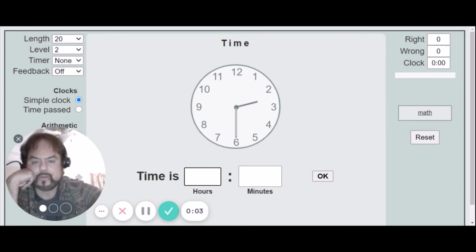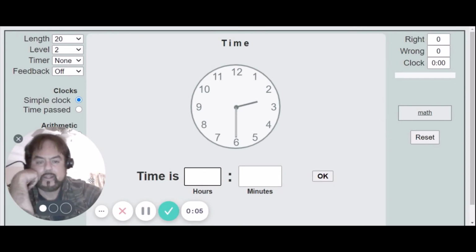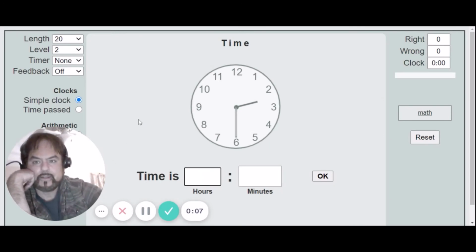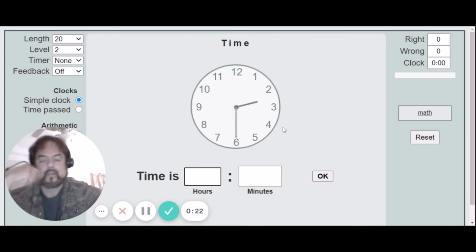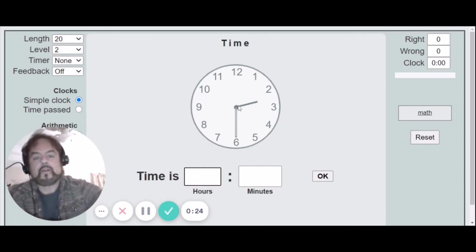Okay, my Cornerstone compadres. It's a website called Math Time. Anyways, we're supposed to look at this analog clock here and type in what the time is. So let's try that. The little hour hand is past the 2.